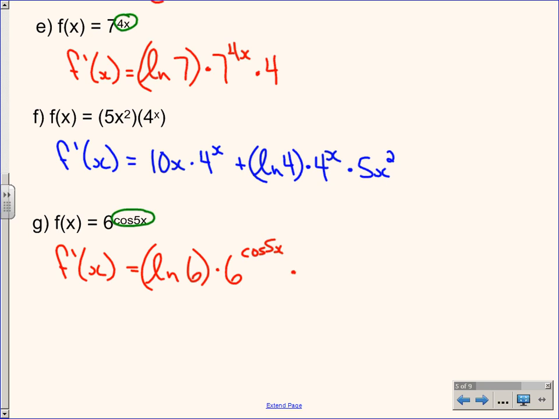The derivative of cos is minus sine, right? The 5x should stay. And then you have to do the derivative of what's inside that, and the derivative of 5x is 5. So an extra chain rule to work all your way through there.